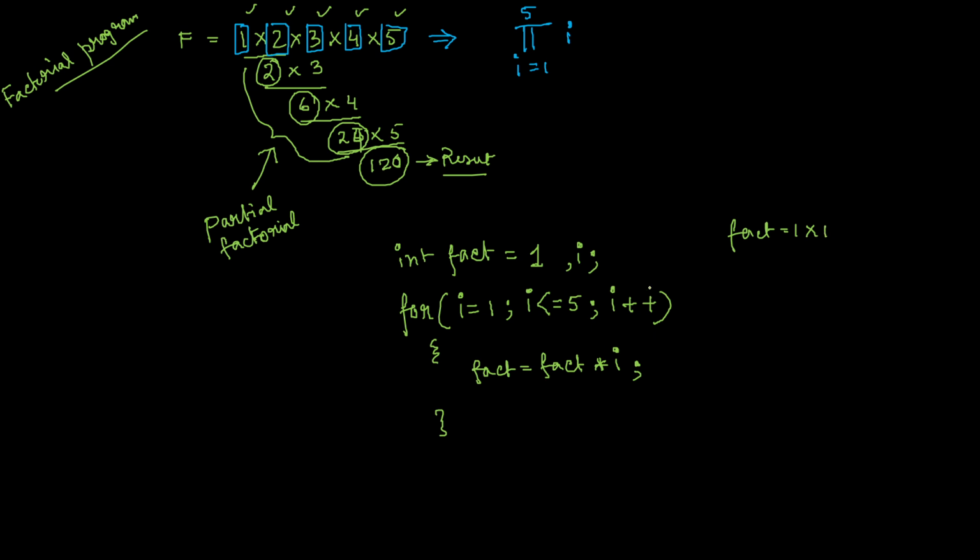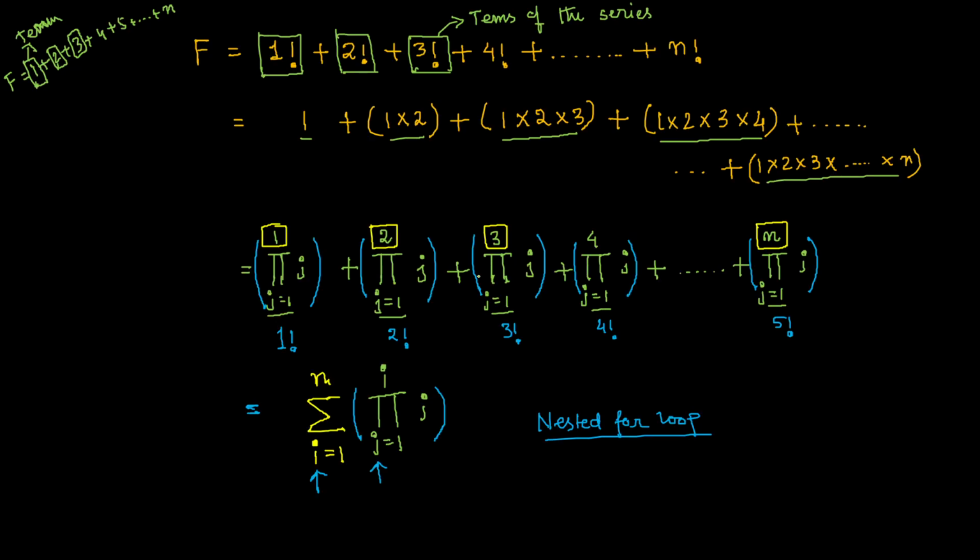Then I will become 2. So whatever the value will be multiplied with 2. Then whatever the value will be multiplied by 3, 4, 5. And when I become 6, it stops and I will get this result 120. So this is the code for the finite factorial. So this is the code basically we have to impose within this series, because here each and every term is a factorial.